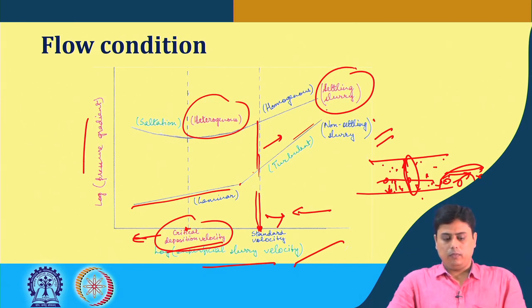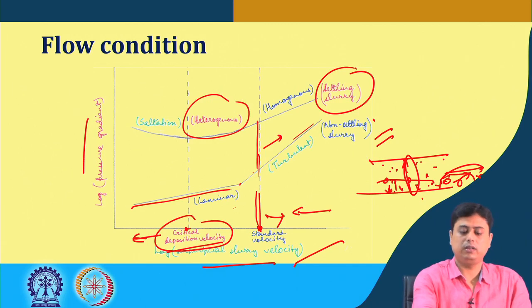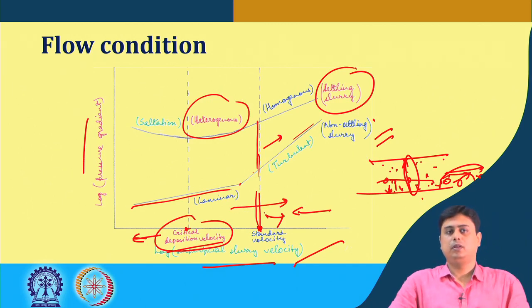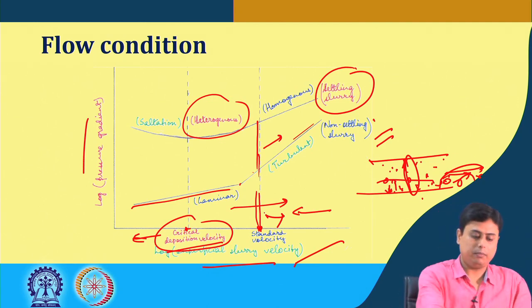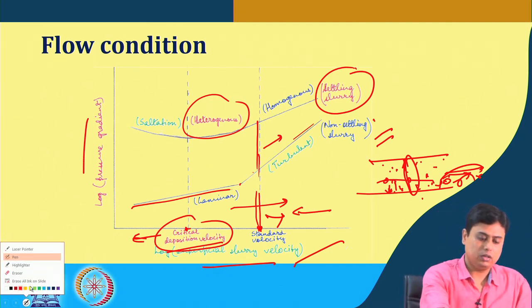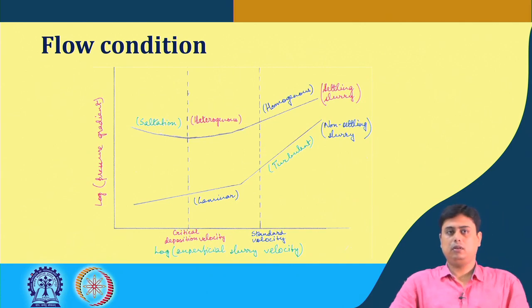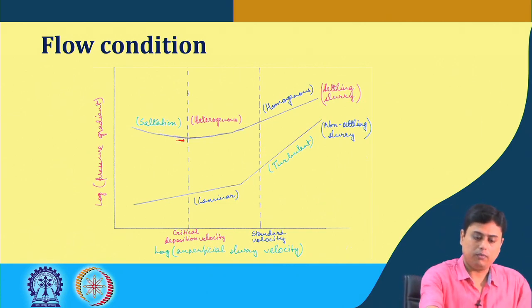Now, in both the cases we can see that the pressure drop usually increases as we increase the superficial velocity. But in the case of settling slurries, once we reach the saltation regime, the pressure drop further increases.